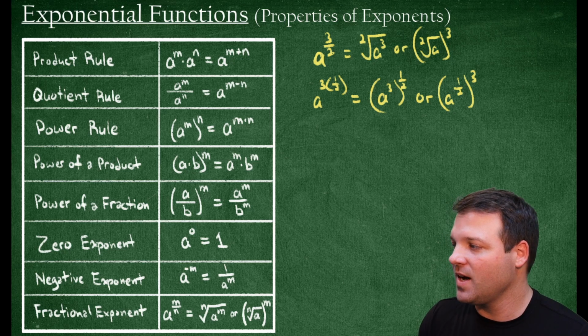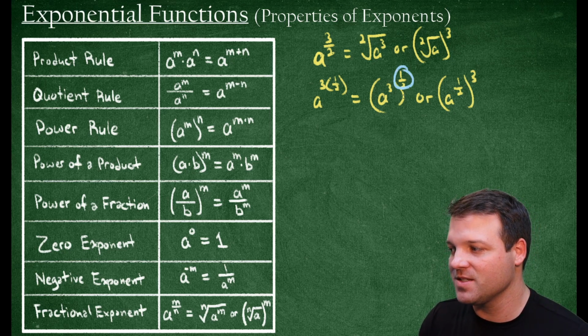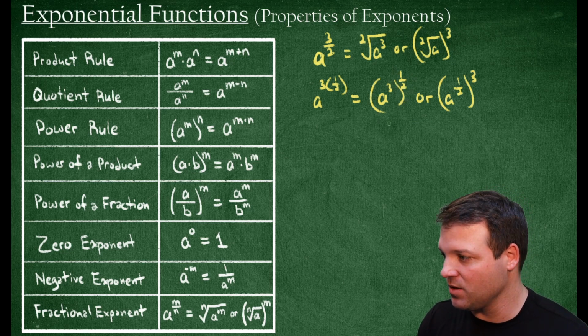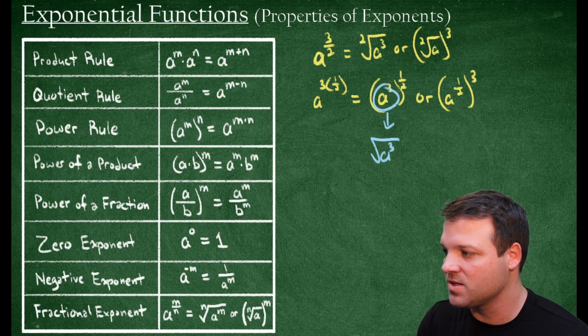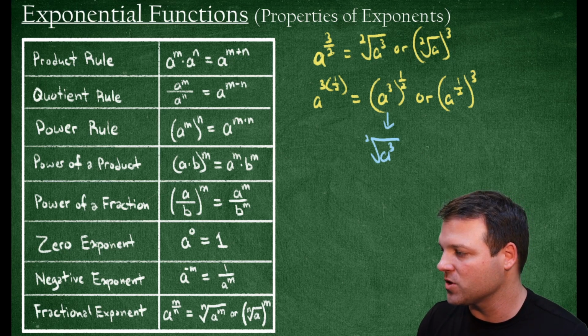But what did I just say about something to the power of 1/2? That is the same thing as having the square root. So I could rewrite this one as the square root of a cubed, because a cubed is on the inside of the parentheses, and the square root has this little index of 2. We usually don't write that for square roots.